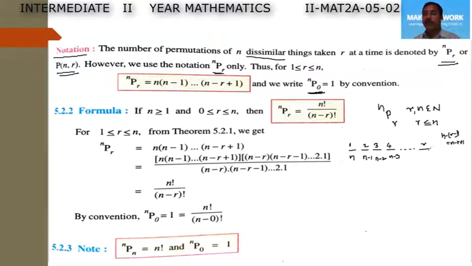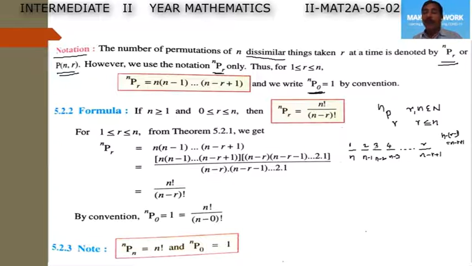Therefore, the rth blank can be filled in n minus r plus 1 ways. Now this is the filling of these r blanks individually. First blank is filled in n ways, second blank in n minus 1 ways, third blank in n minus 2 ways, fourth blank in n minus 3 ways, and so on. The rth blank is filled in n minus r plus 1 ways.